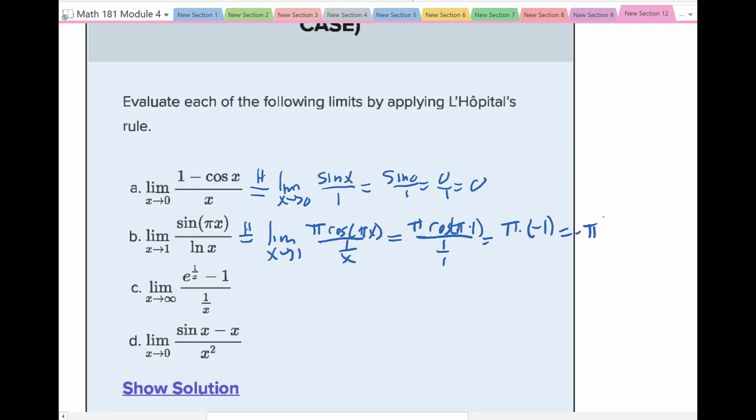So that's our limit. Let's look at the next one. Limit as x approaches infinity of e to the 1 over x minus 1 over 1 over x. Well, that's e to the 0 basically. So e to the 0 is 1, and 1 minus 1 is 0 on top. 1 over infinity is considered 0. So again, if we apply L'Hopital's rule, we'll have the limit as x approaches infinity of the derivative of e to the 1 over x, which is e to the 1 over x times the derivative of 1 over x, which is negative 1 over x squared, divided by negative 1 over x squared.